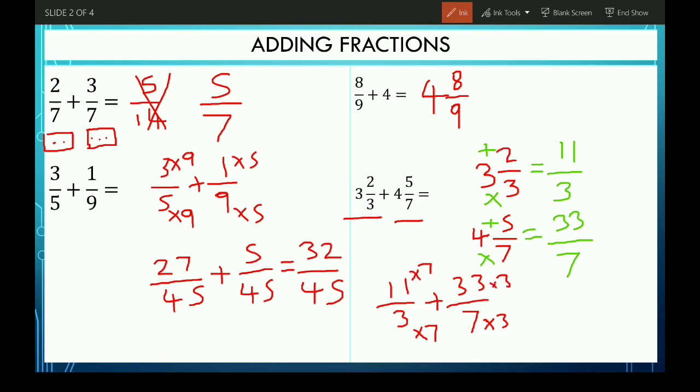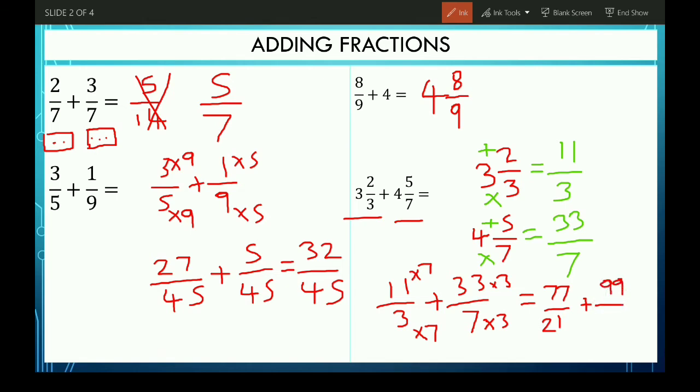So what do I end up with? 11 times 7 is 77 over 21. And then I also need to do 33 times 3. And that gives me 99.